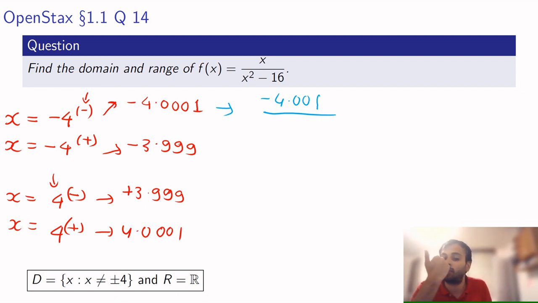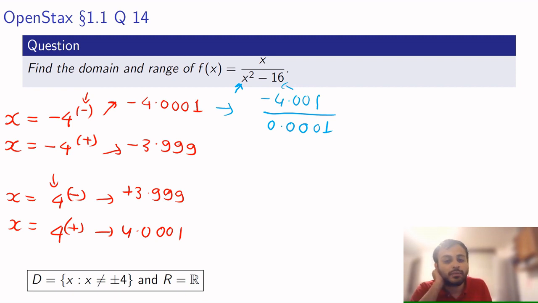Because the square of 4 is 16, the square of 4.0001 would be slightly higher than that. So x square would be slightly greater than 16. If you subtract them, this would be very close to 0. It would be approaching 0, but it would be positive, because x square is greater than 16.